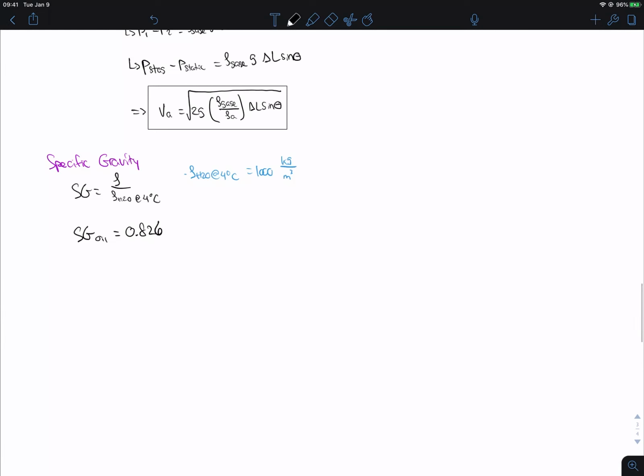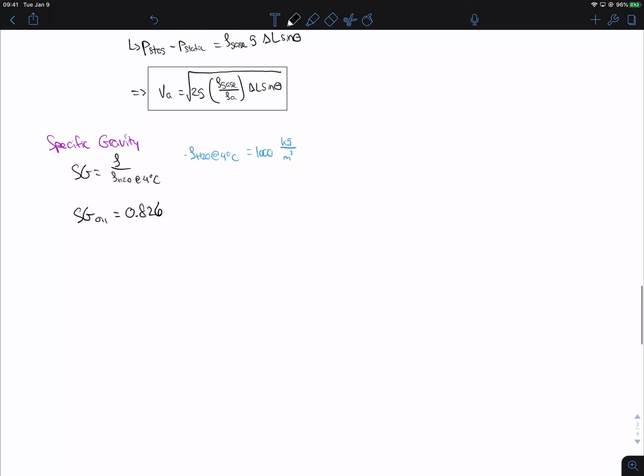So what we can do now is modify our equation to find the local airspeed. Okay, so let's go ahead and modify our formula.